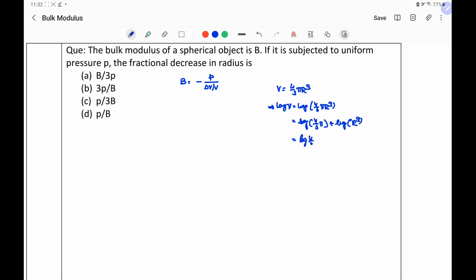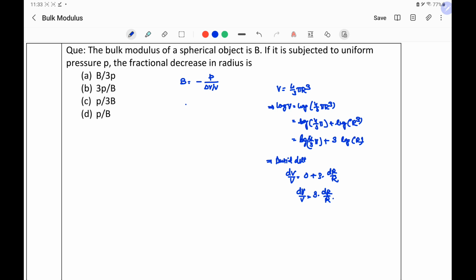It is equal to log of 4 by 3 pi plus, this is the formula of the shape log m raised to the power n, so it is n log m, we can write it is 3 log r. Now taking the differentiation on both sides, we will have dV by V is equal to 0 plus 3 into dr by r. Therefore, dV by V, that is fractional change in volume, will be equal to 3 times the fractional change in the radius of the spherical object.